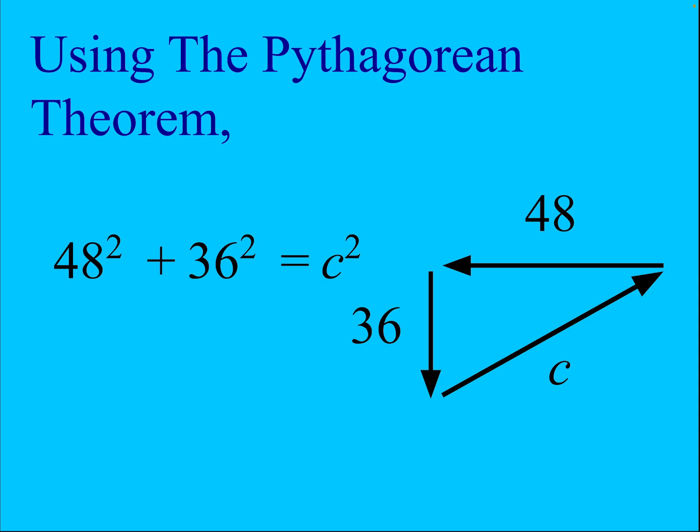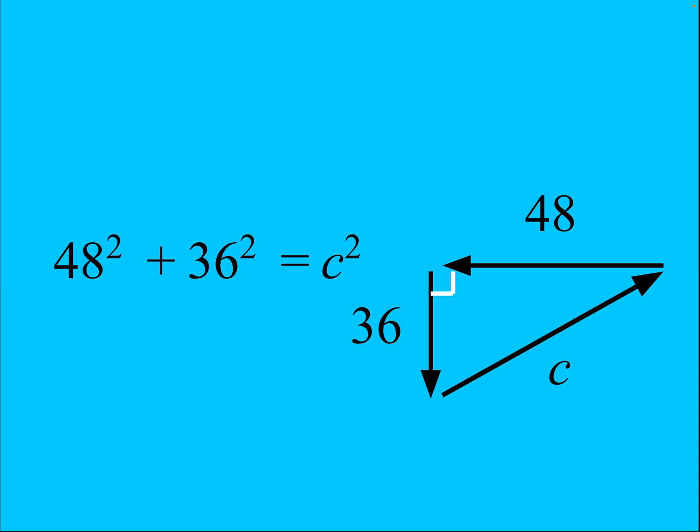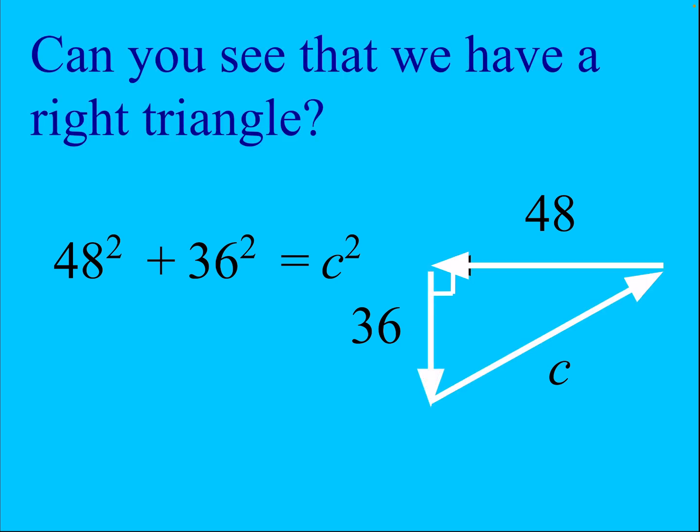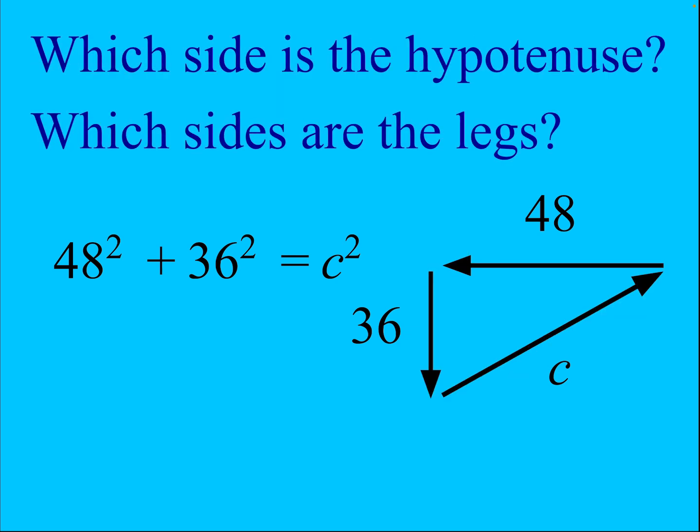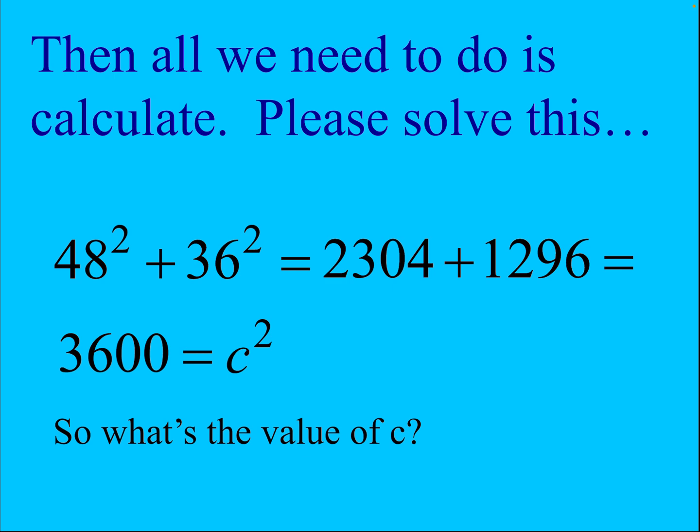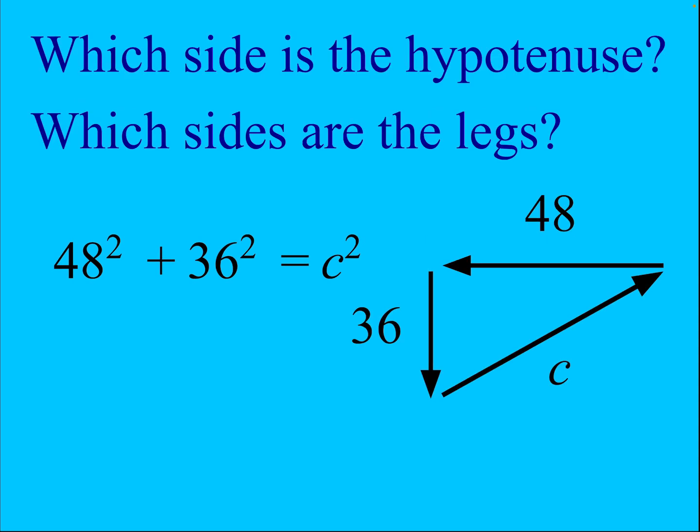And 36 squared is 1,296. And if I add those together, I end up getting 3,600 equals C squared.